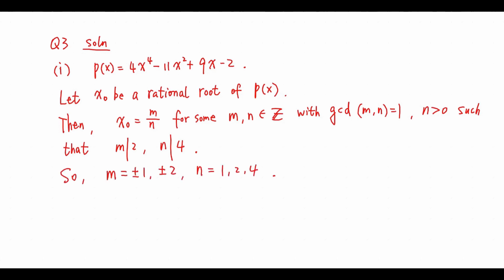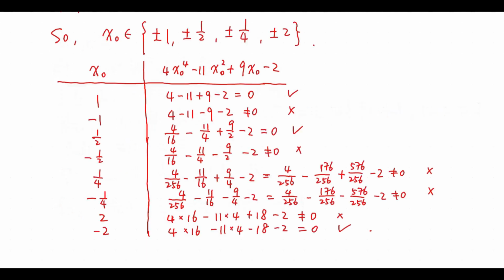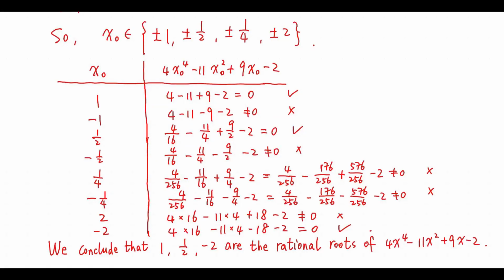So m equals plus or minus 1 or plus or minus 2, and n equals 1, 2, or 4. So x0 is in this set. We compute P(x0) shown on this table. We conclude 1, 1 over 2, and minus 2 are the rational roots of this polynomial.